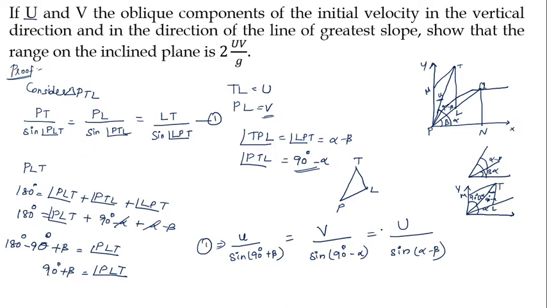So we'll move to the next slide. So we have u by sine of 90 degree plus beta, which is equal to capital V divided by sine of 90 degree minus alpha, equal to capital U divided by sine of alpha minus beta.